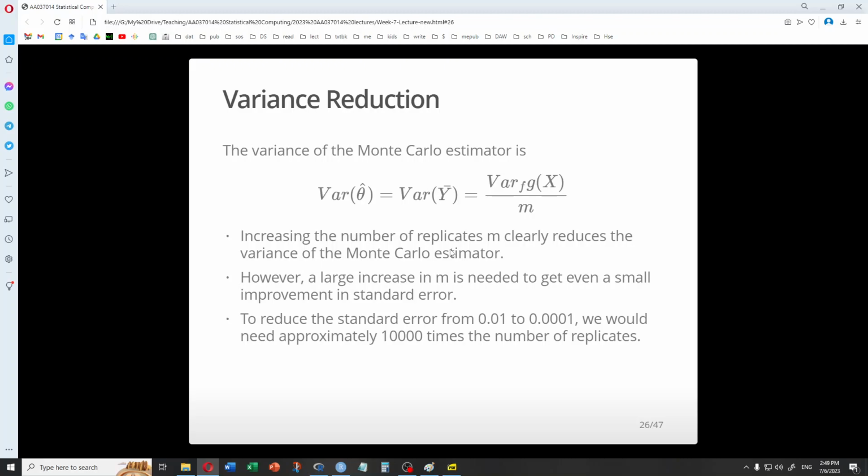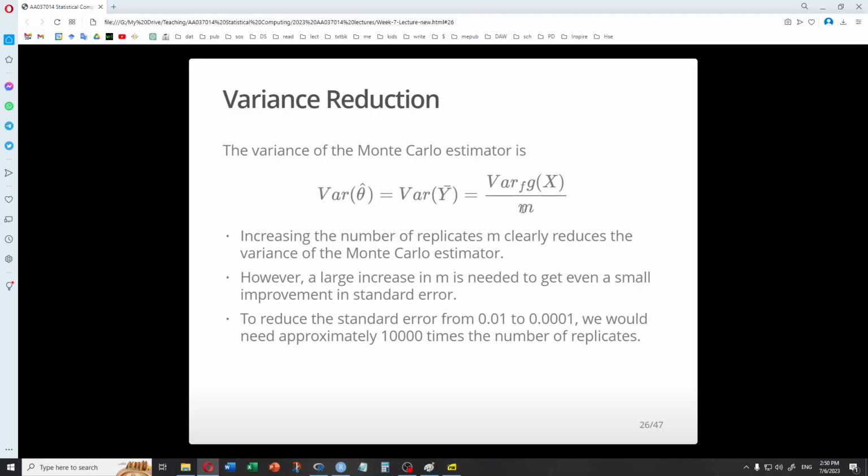Now, the variance of the Monte Carlo estimator, the variance of theta hat, is equal to the variance of g of x divided by m. And from this equation, you can see that in order for us to reduce the variance, we have to increase m. Okay, the larger the m, the smaller the variance will be.